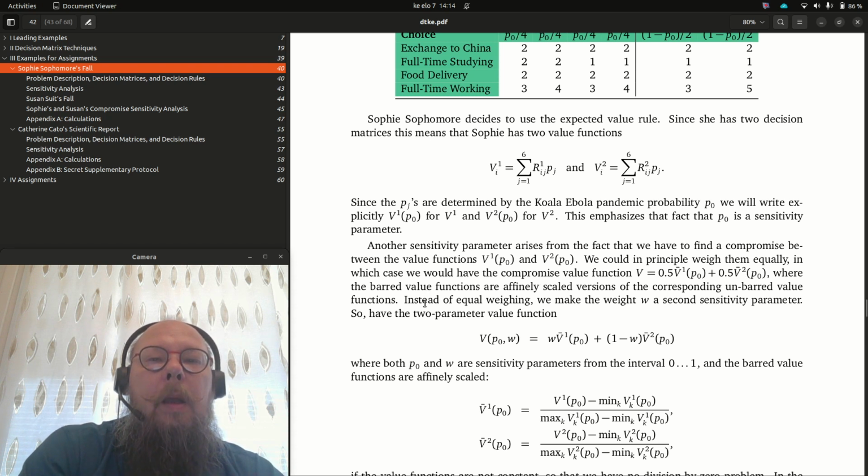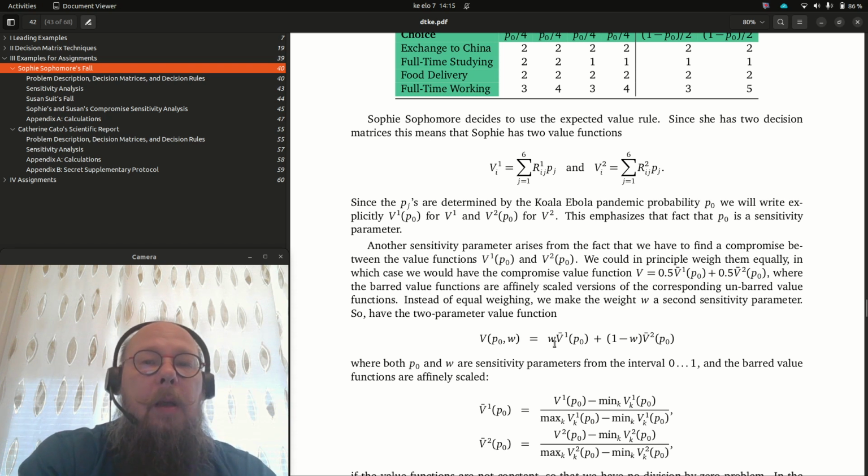Instead of equal weighting, we make the weight w a second sensitivity parameter. So what happens then is that we have a two-parameter value function v, which depends on p0 and w. It depends on the Koala-Ebola pandemic, and then the weighting parameter w. Both of these parameters have values from 0 to 1. So we weight with w the scaled version of v1, plus the rest of the weight, 1 minus w, goes to the scaled version of v2.